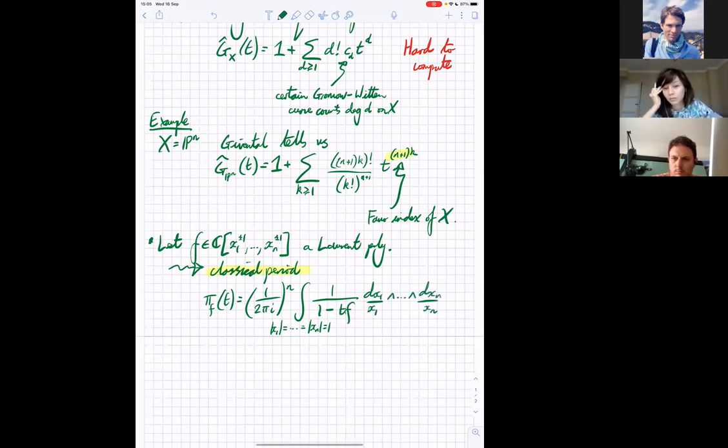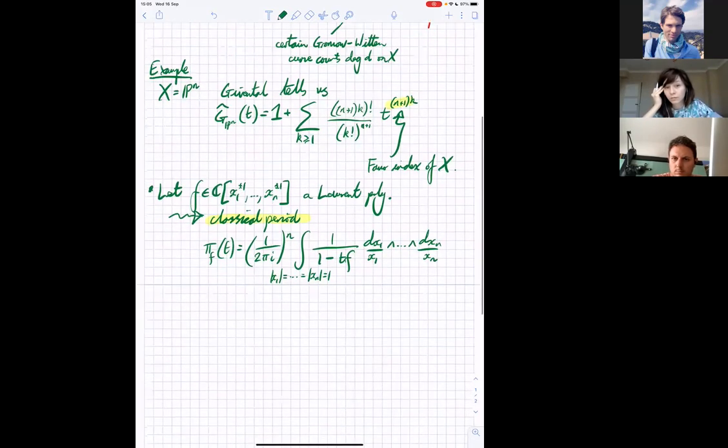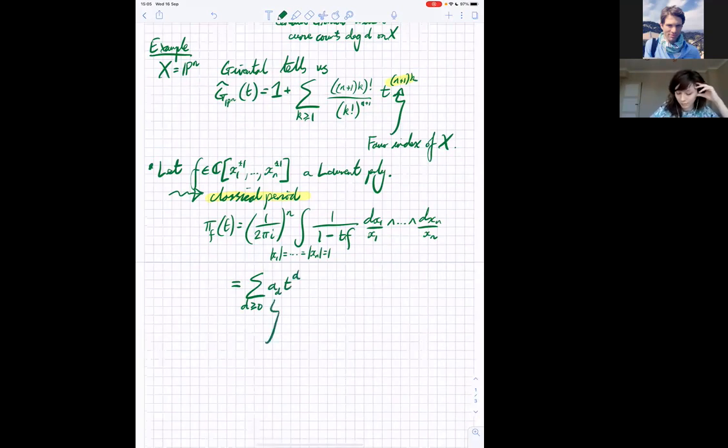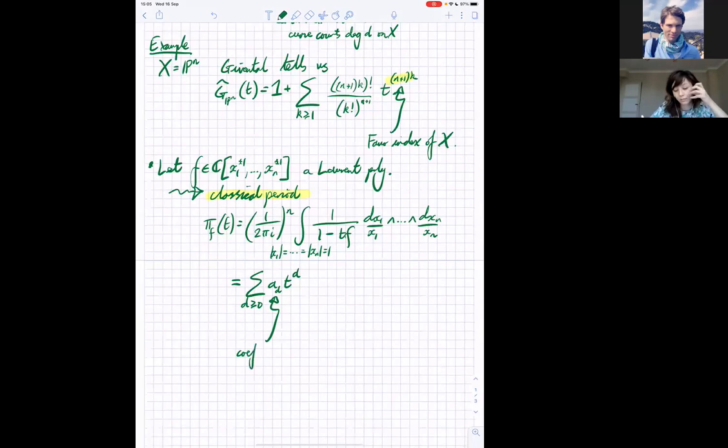But the important thing from our point of view is that it's very easy to calculate its expansion. And it looks like this, where these coefficients are just the coefficient of the constant term of the d-th power of f.